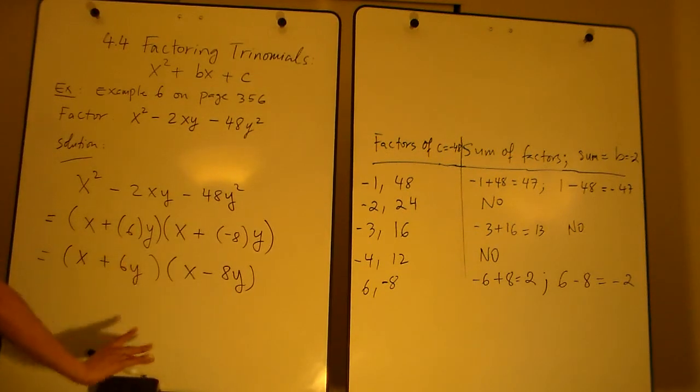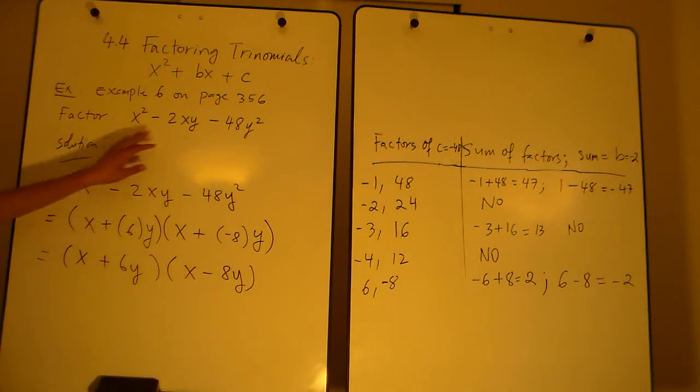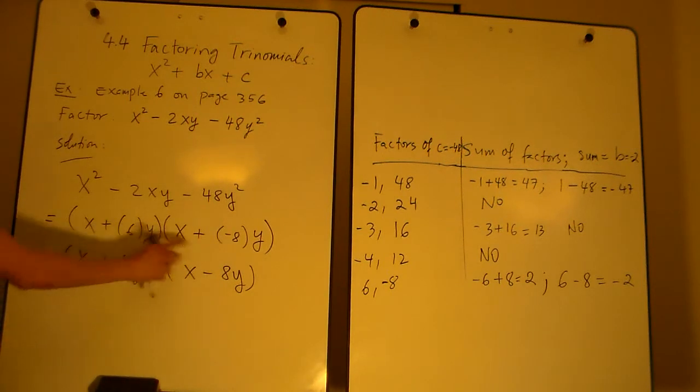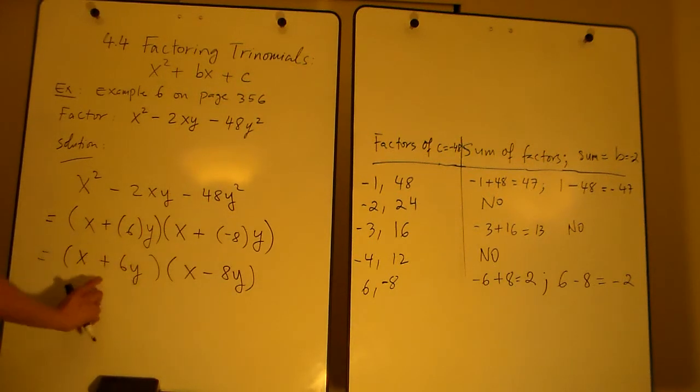This is how you factor a trinomial in this form. Be careful: when you see x squared, y squared, and xy in between, then you know that both parentheses would have xy. Your job is to fill in what sign you're going to have and what coefficient.